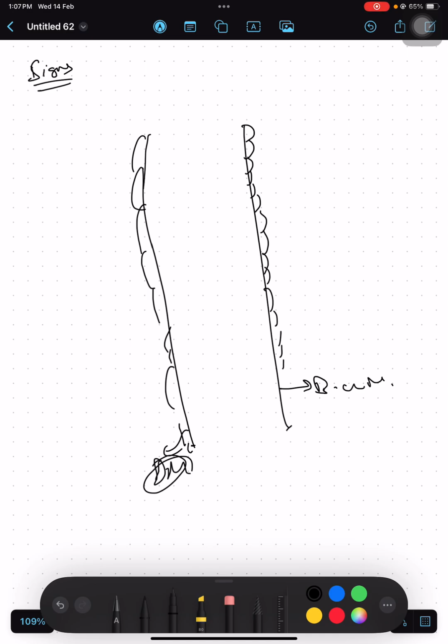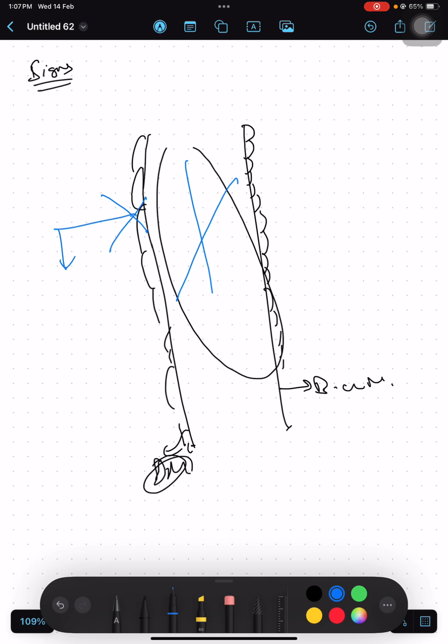But what is the most important thing that you need to remember when we talk about viral keratitis? It can involve the stroma, number one. It can involve the endothelium. If it involves the endothelium, the pattern is from periphery to central, and this is termed disciform keratitis.